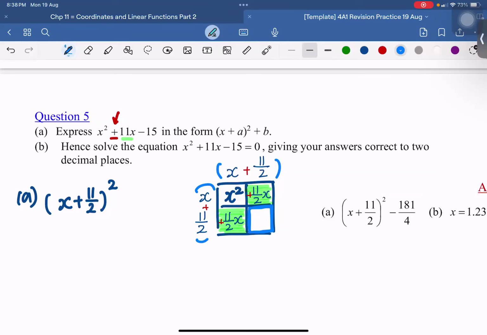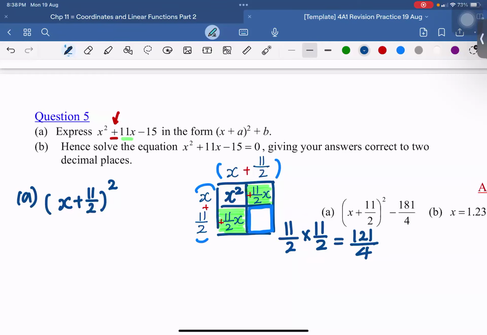What is this number? This number is 11 over 2 times 11 over 2, which gives you 121 over 4. If you use a calculator, or you just take 11, you square it, then 2, you square it.